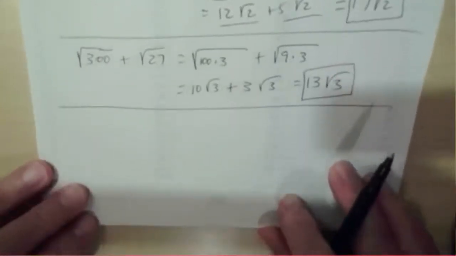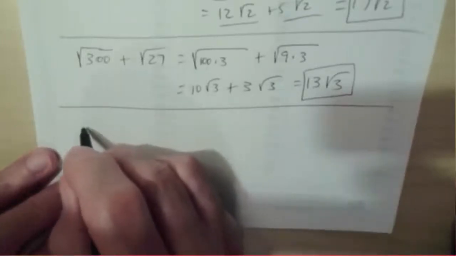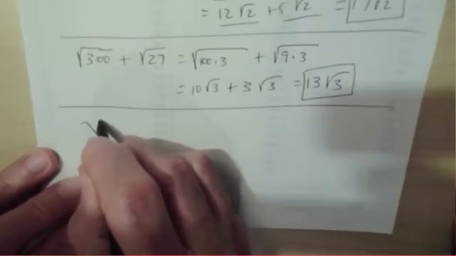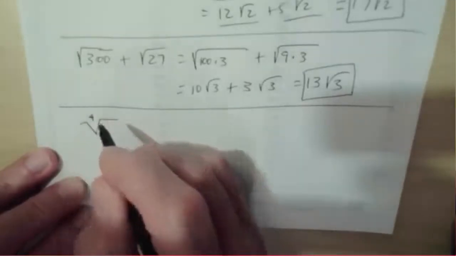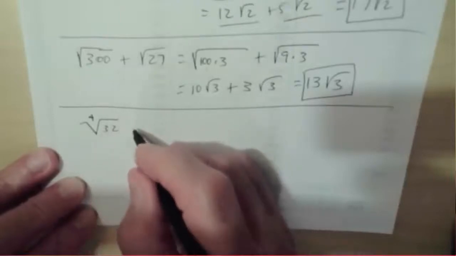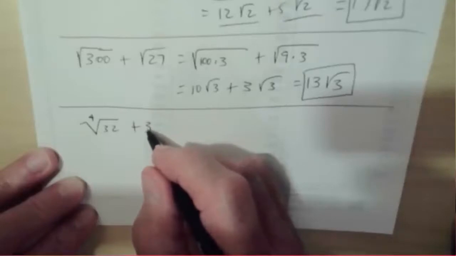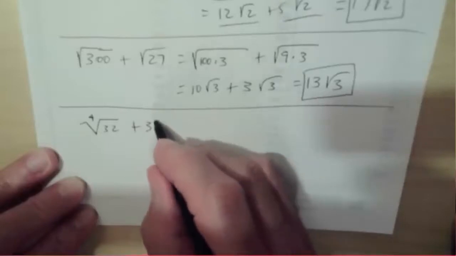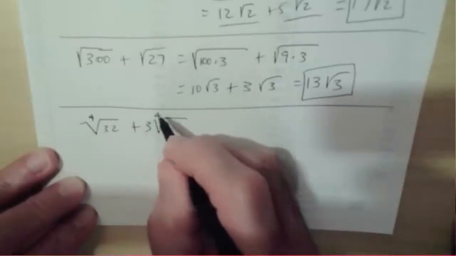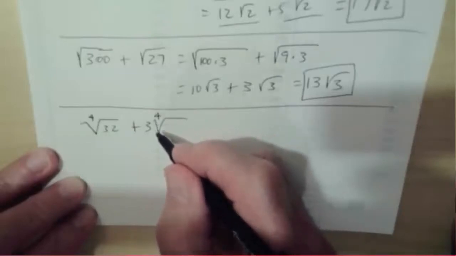Okay. How about this? Get this if you're so smart. The fourth root of 32 plus 3 times the fourth root of 2.